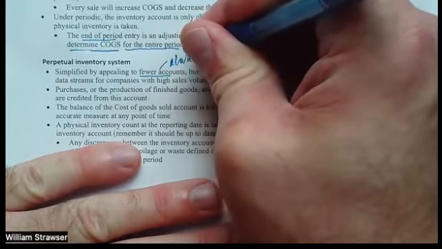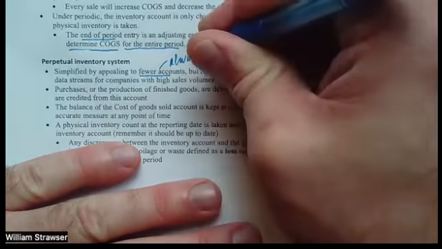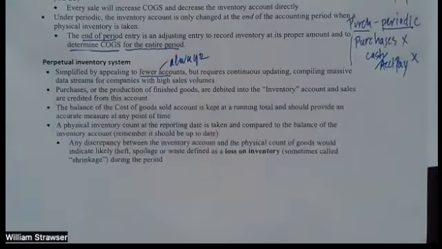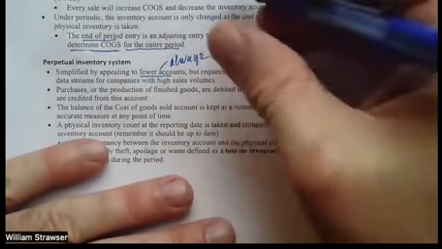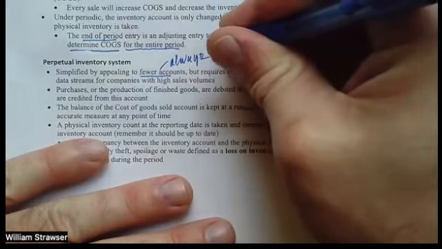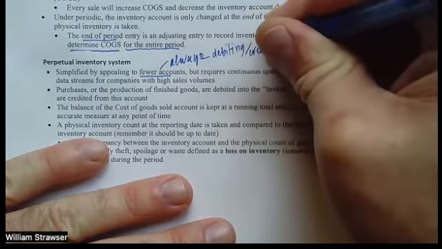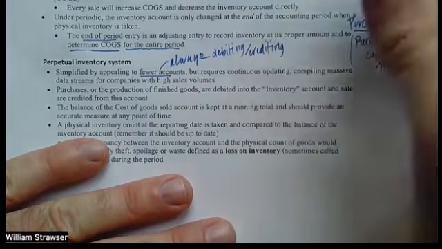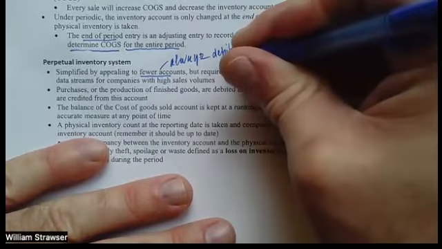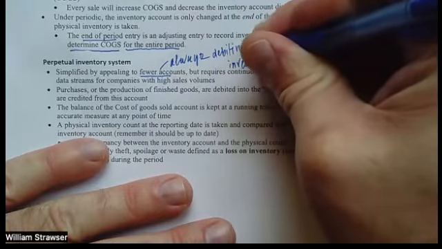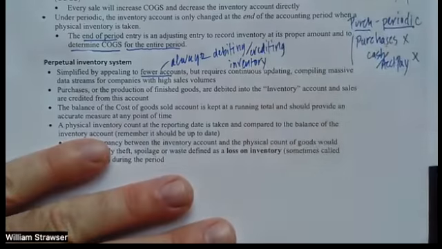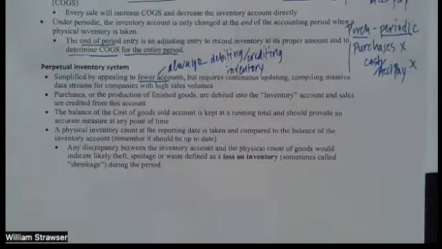You'll see the periodic system doesn't just have purchases, it has 3 other contra or adjunct accounts, but here we're always debiting or crediting inventory, which is a great advantage just in terms of its simplicity. And also, as I've said before, we have an easy ledger account that is always up to date.